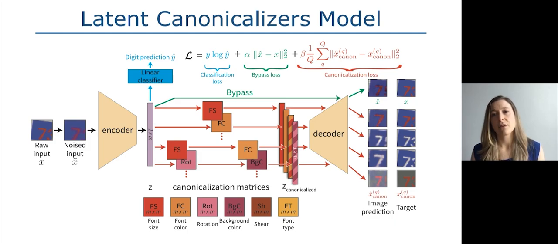So you see that the third row there shows a 7 that is now white, which is the canonical font color that we used.